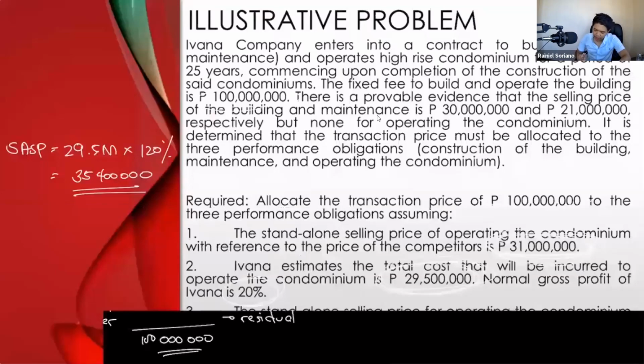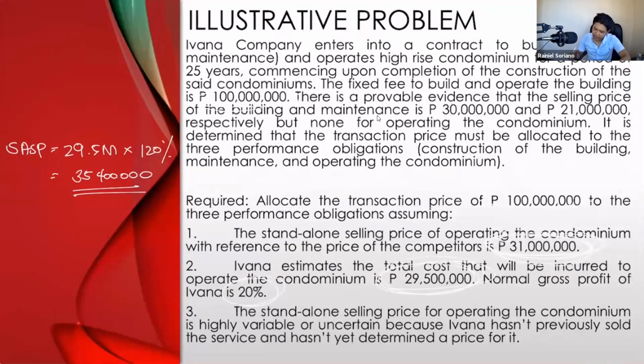Okay? So number 3, the standalone selling price for operating the condominium is highly variable or uncertain because Ivana hasn't previously sold the service and hasn't yet determined a price for it. So since the price is highly variable or uncertain, we use the residual approach.